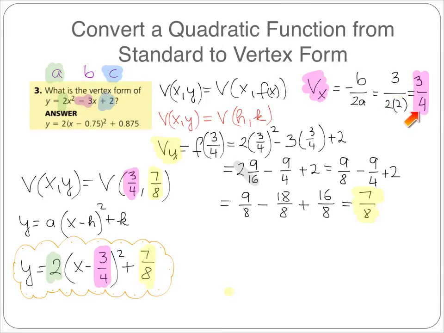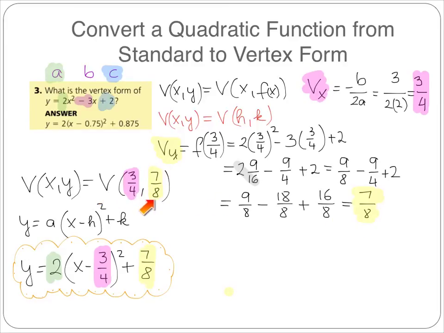Yes, indeed, it's a fraction. To find k, or the y-coordinate of the vertex, I have to plug in 3 over 4 into the original equation, and I do that here. After some fractions, if you want to stop the video and figure out what I did with the fractions, I have 7 over 8 for k. So the vertex is (3/4, 7/8).